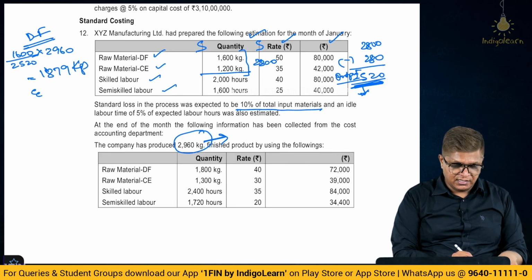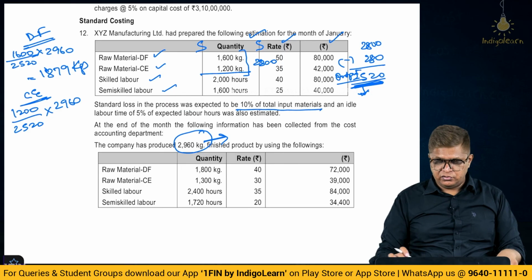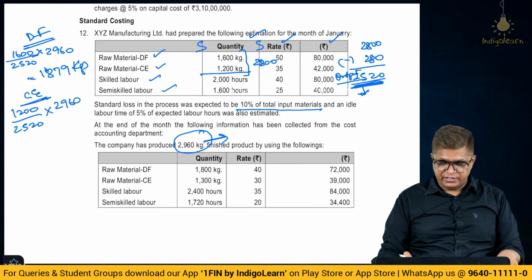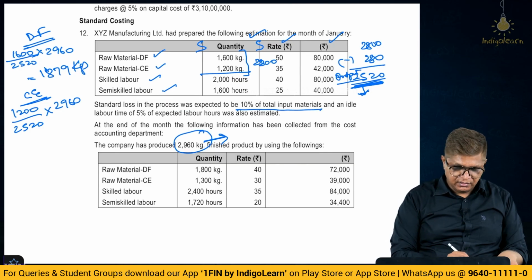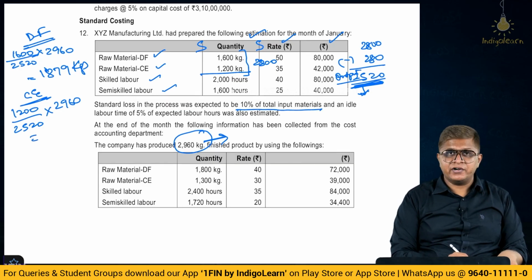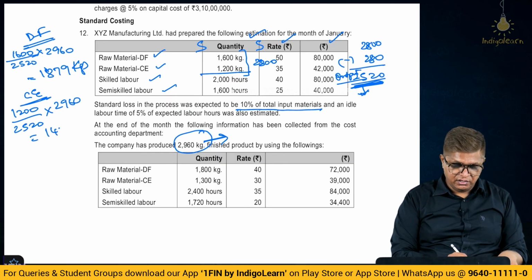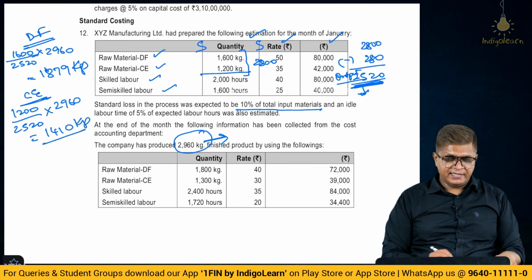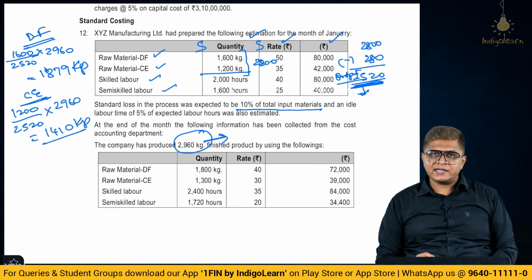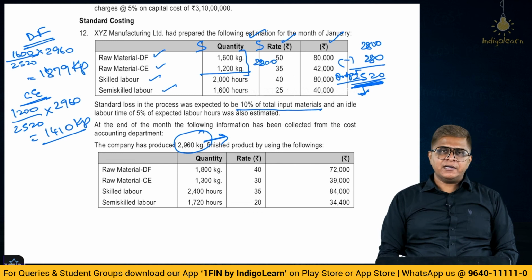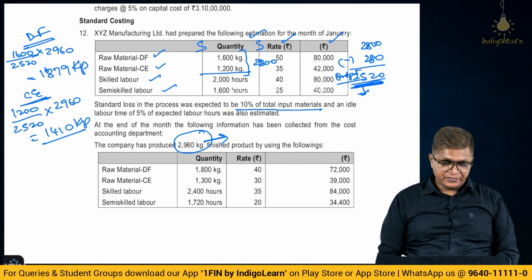Likewise, for CE, 1200 is required for 2520, so 1200 divided by 2520 into 2960, which is 1409.5 some change, or we can say approximately 1410 kg. So this is the standard quantity that you will have to compute for raw material DF and CE.